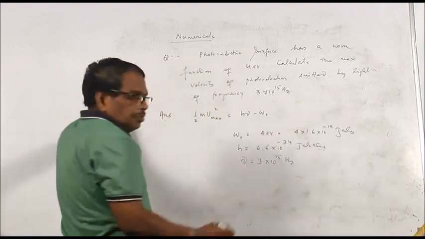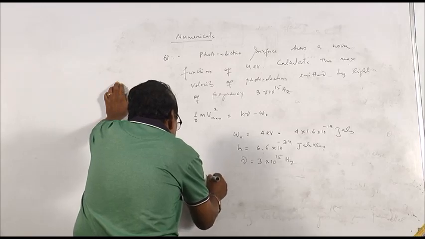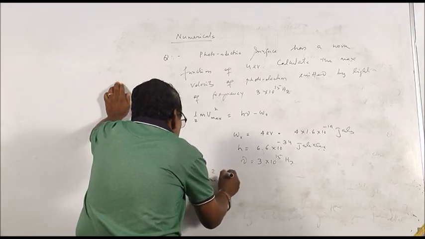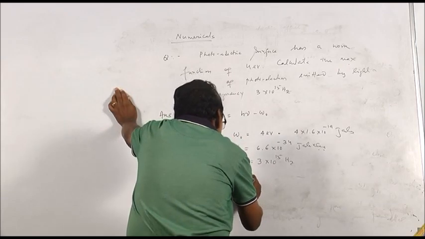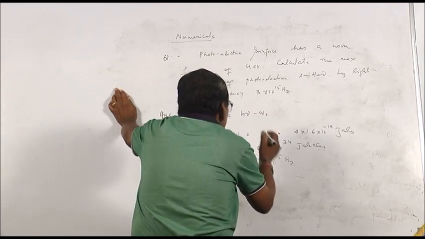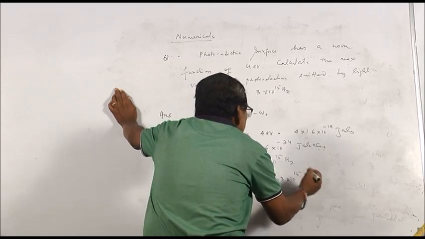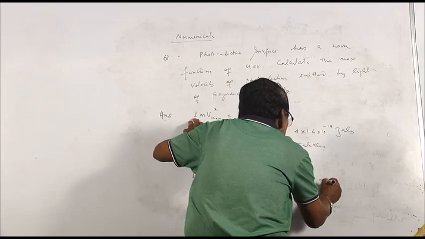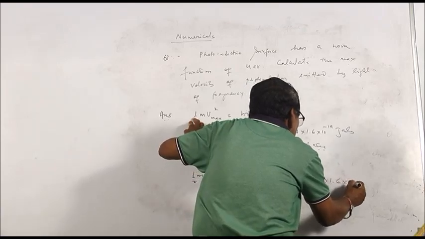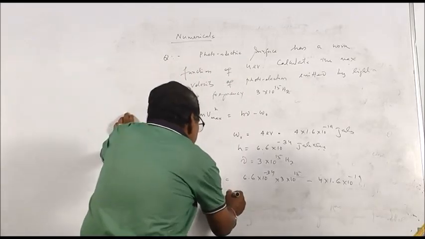Now put the values and solve for the maximum kinetic energy: half m v max square equals 6.6 into 10 to the minus 34 into 3 into 10 to the 15 minus 4 into 1.6 into 10 to the minus 19.